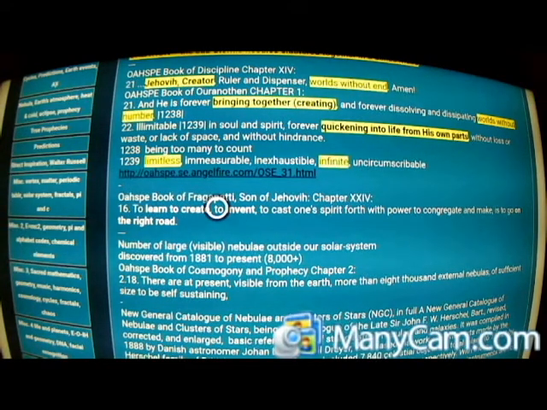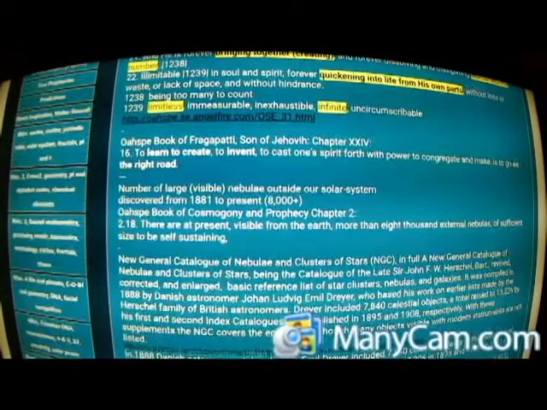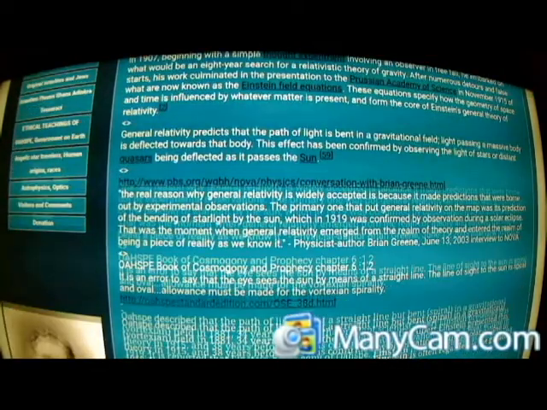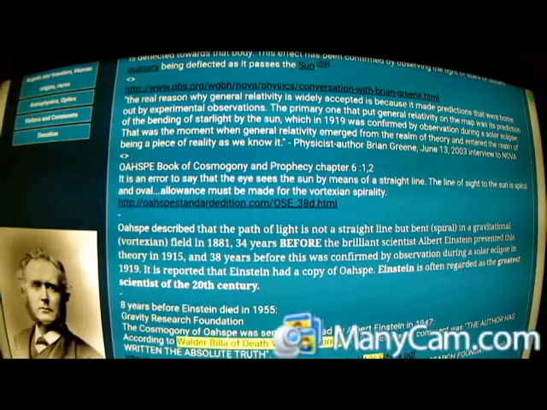To learn to create, to invent, to cast one's spirit forth with power, to congregate and make, is to go on the right road. So, I hope people are able to understand what a creation is according to Oahspe.